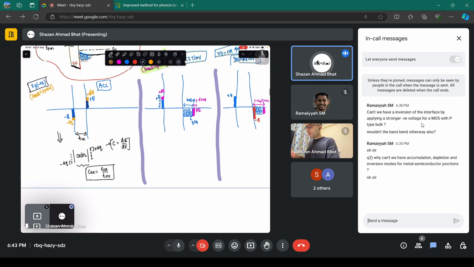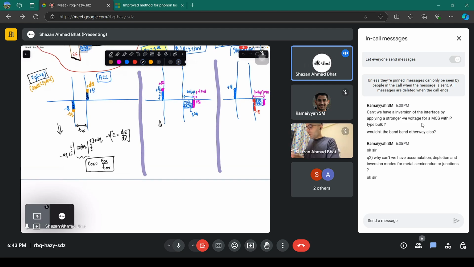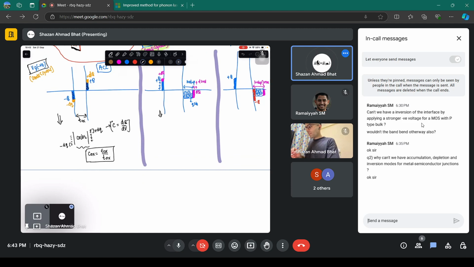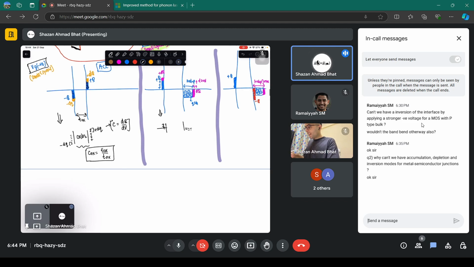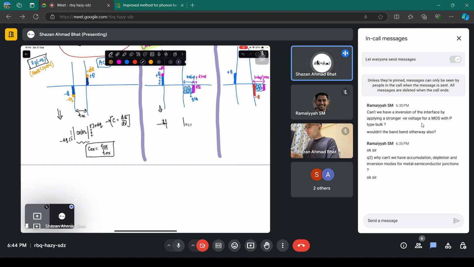Now, transitioning into the depletion region, what happens? You have the oxide capacitance, but you also have the depletion capacitance here. That means there are two capacitors. The first one is because you have the positive charge here and the negative ion charge here. The other one is because there is also this particular depletion charge, reverse biased, just like a reverse biased PN junction, so there will be a depletion capacitance.